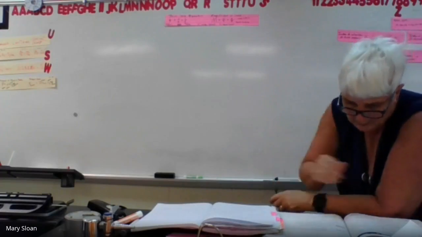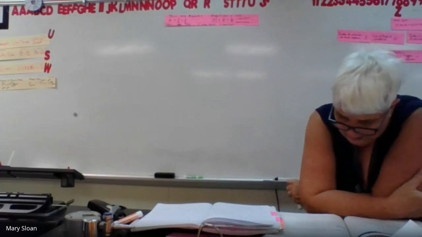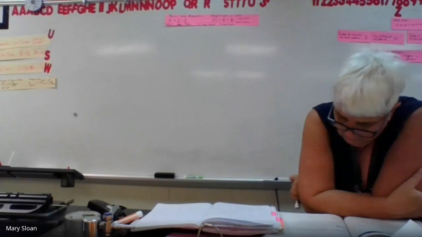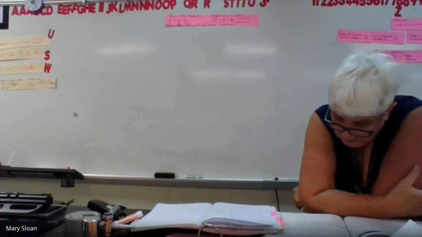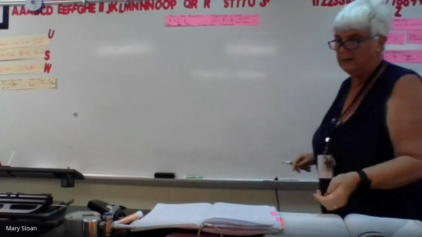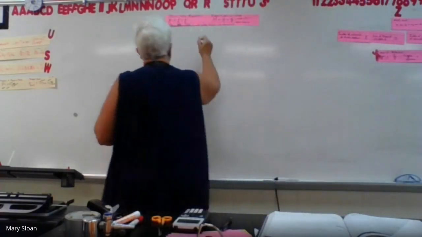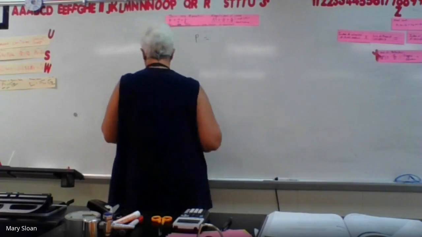The first one says predict how an object will appear if it is placed 20 centimeters in front of the converging lens and the focal length is 10 centimeters. Find the image distance and magnification, and describe the image. So first things first, our P equals what, guys?